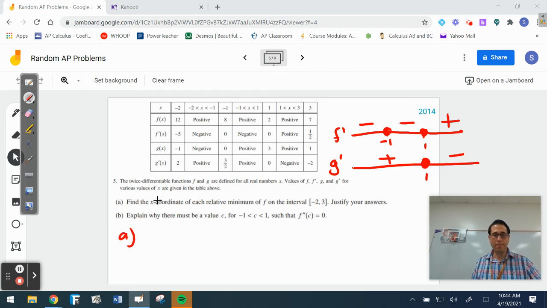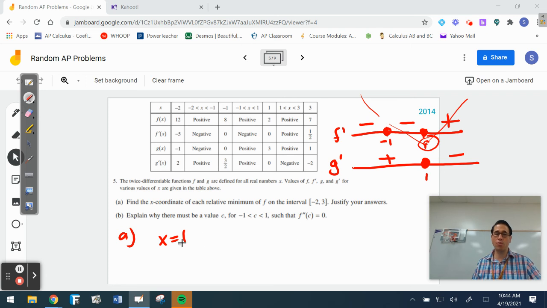Okay. Question 8. Find the x-coordinate of each relative min of f from -2 to 3, and I have to justify my answer. So it's going to decrease, then decrease, and then increase. So that means 1 would be a minimum. So x equals 1 is a minimum, but you have to make sure you justify appropriately.